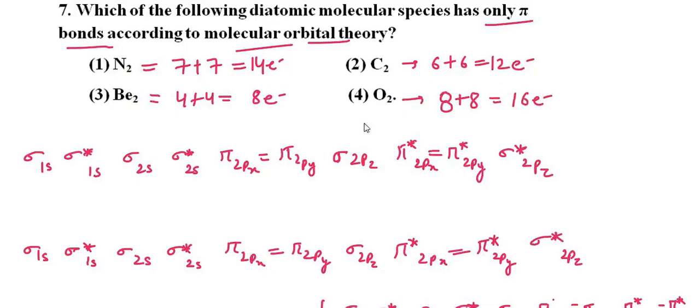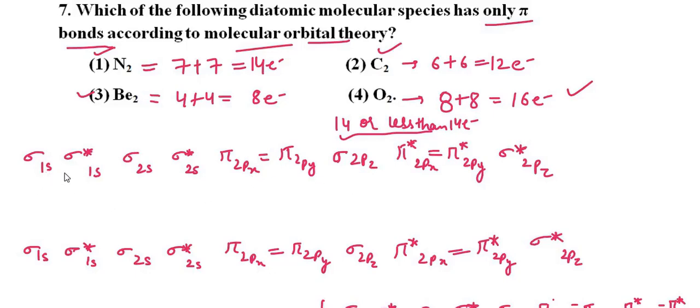Now separate the systems where the number of electrons is 14 or less than 14. So there are 3 cases where the number of electrons is 14 or less. But in the case of oxygen, the number of electrons is greater than 14. So according to MOT, when the number of electrons is 14 or less than 14, the order of filling of electrons in molecular orbitals is like this.